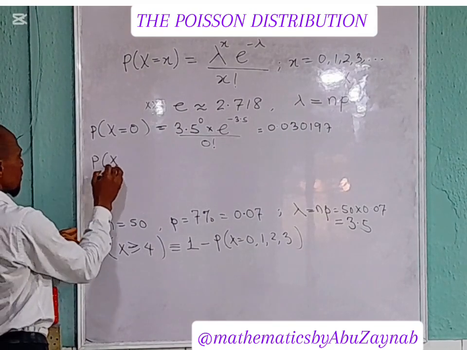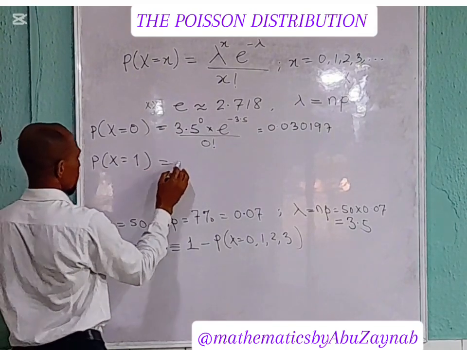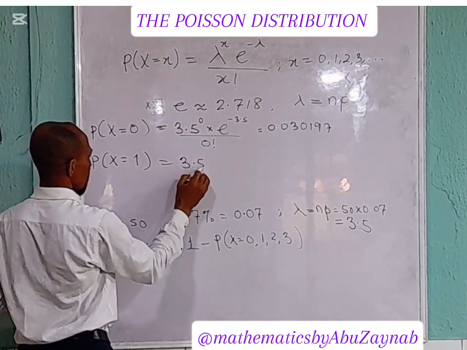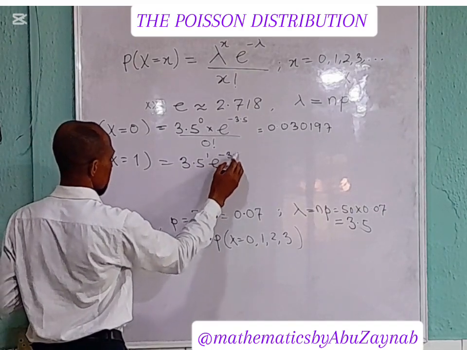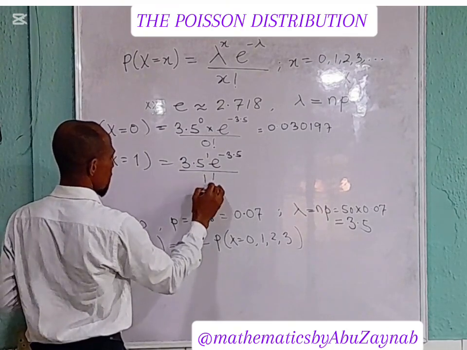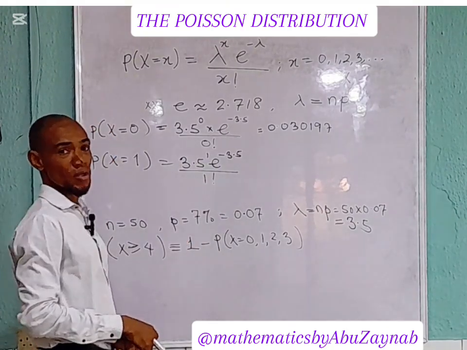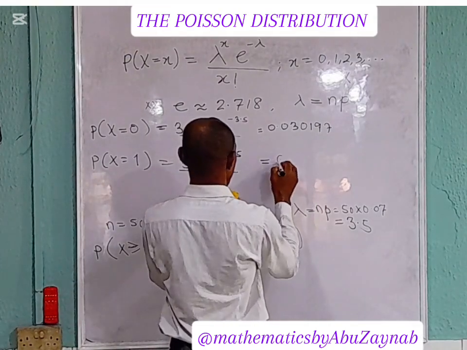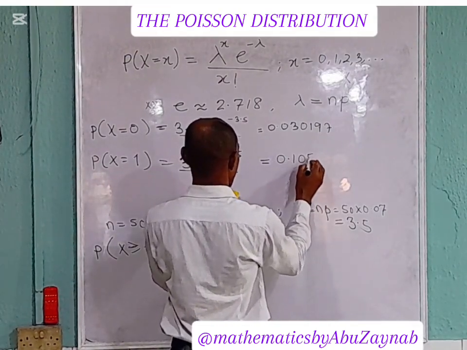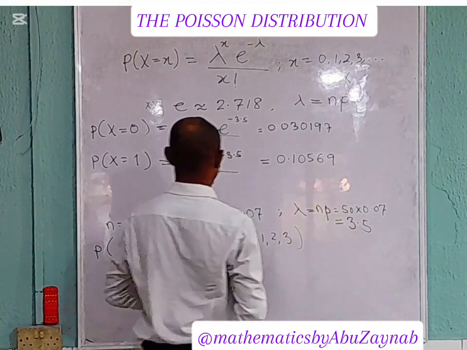Similarly, when x equals 1, that is 3.5 raised to power 1, e raised to power minus 3.5 over 1 factorial, which is still 1. When you punch in the values in your device, you're going to have 0.10569.